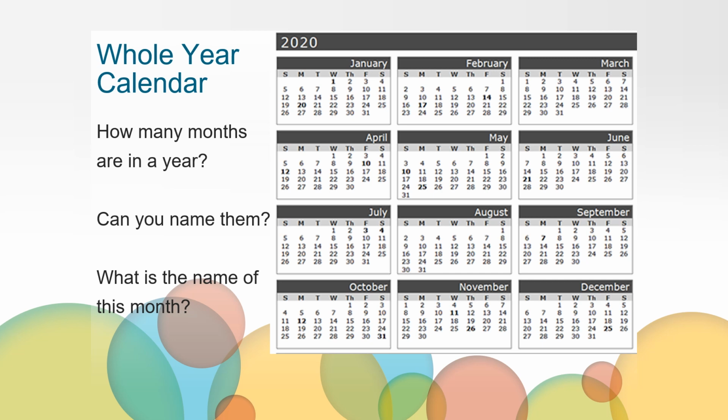This is a whole year calendar. How many months are there in a year? There are 12 months in a year. Can you name the months of the year?